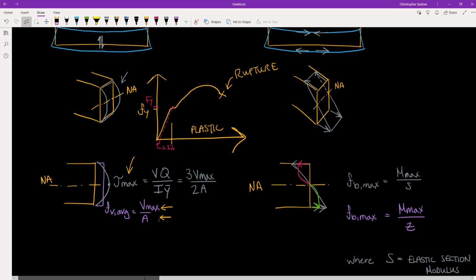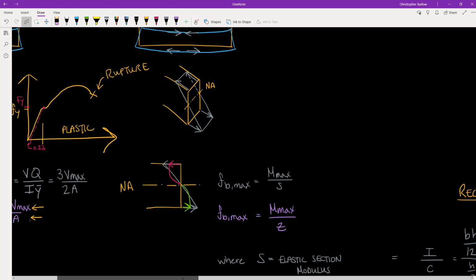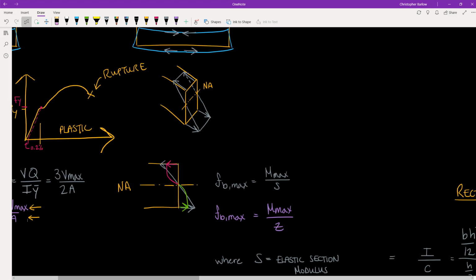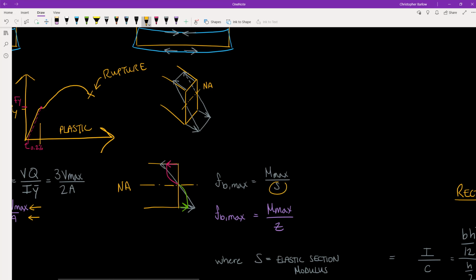Similarly, with bending, we have a formula for calculating the maximum tension and compression stresses due to bending that occur in the member. This formula is actually quite simple. It's the maximum moment divided by the section modulus of the member.